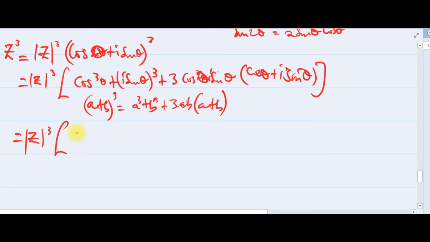So we can write this as cos cubed theta, plus i cubed sine cubed theta. And i raised to power 3 is i squared times i. I squared is minus 1, so we have minus i sine cubed theta. You get the logic.